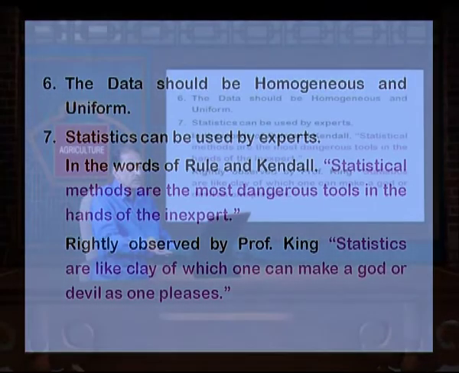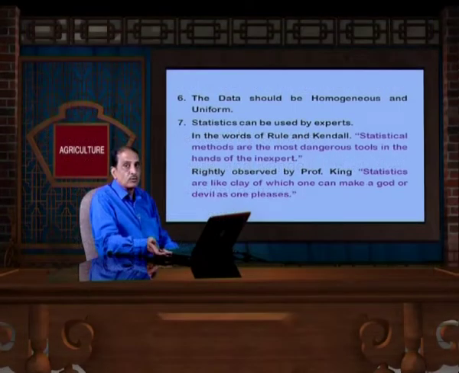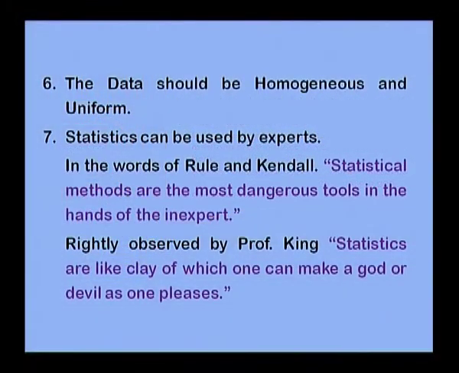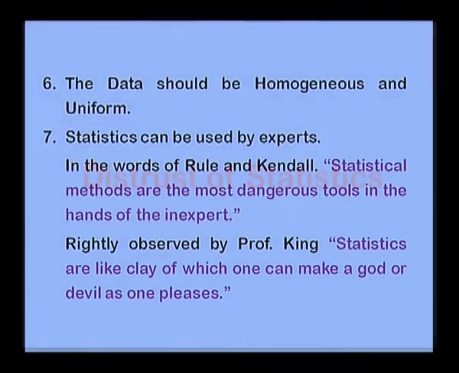Information so collected can be used at the choice of the person who wants to use it. He can use it just like clay. With its help, he can make a god or he can make a devil as he pleases.